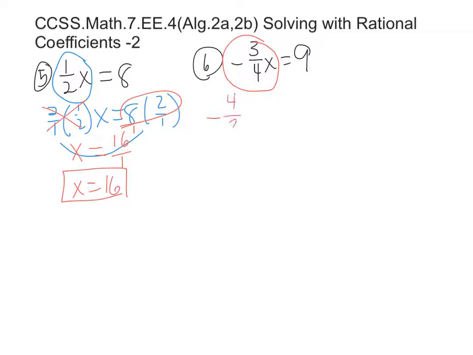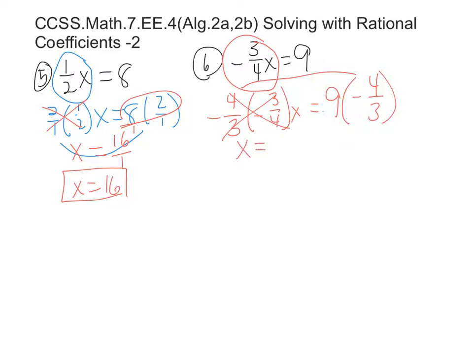So you're going to flip this here, and the number takes a negative, times -3/4 x equals 9 times -4/3. Okay, do you see how these are both the same on both sides? Because that's the balancing. So now we can cross that out because we have the coefficient of 1. So we're left with x equals, here we can't.